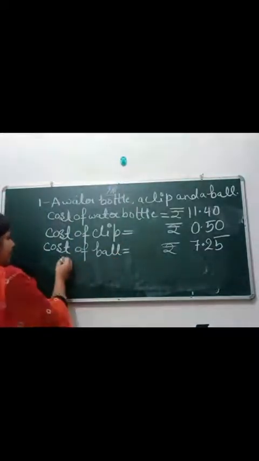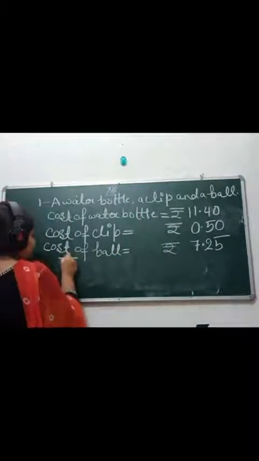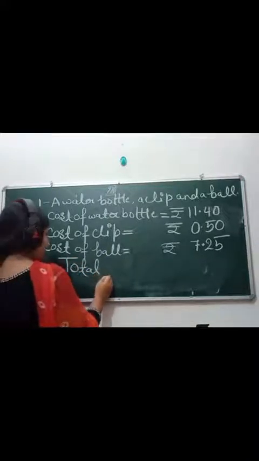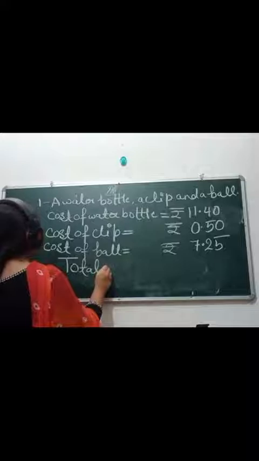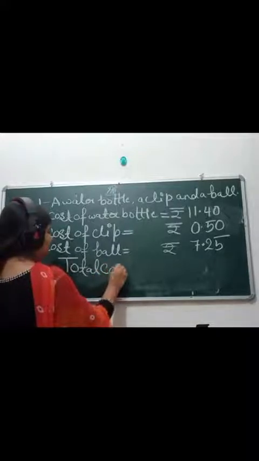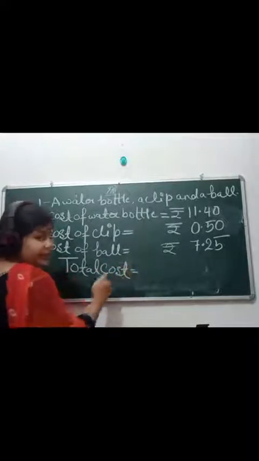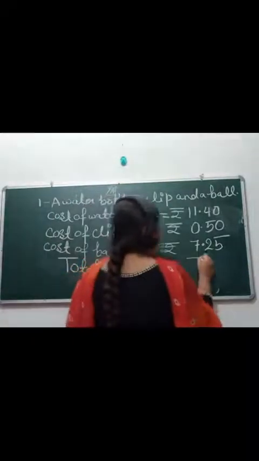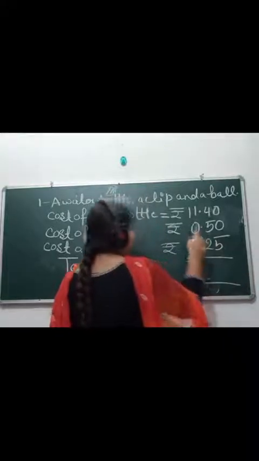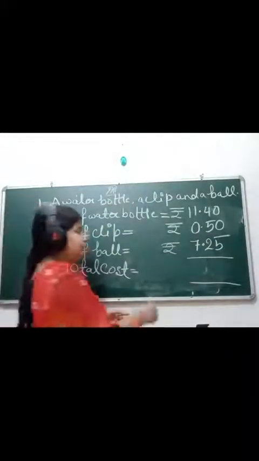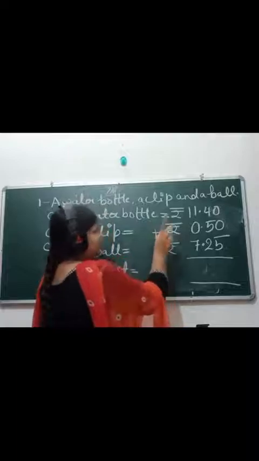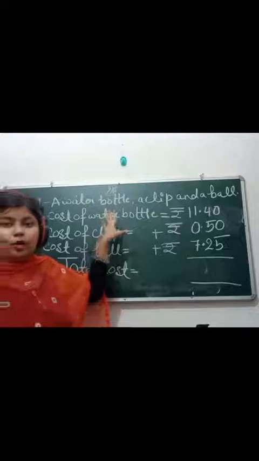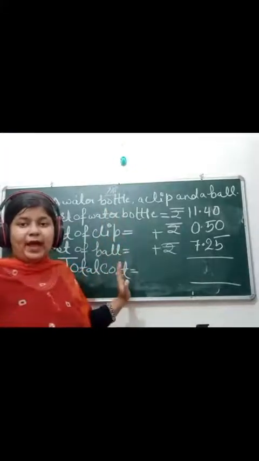So the next statement will be total cost. Okay. So what we have to do? We will have to add them. Come on, add them all. Add the given amounts to find out the total of cost of water bottle, clip and ball.